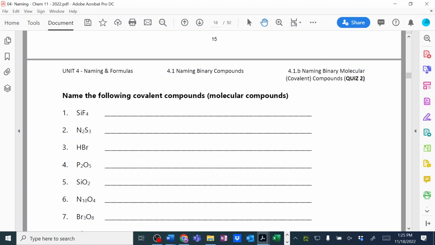Are we allowed to look at it or not? You can look at the periodic table. Yes, please use your periodic table.